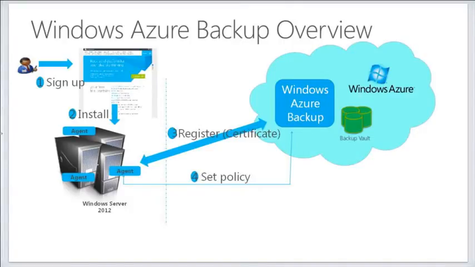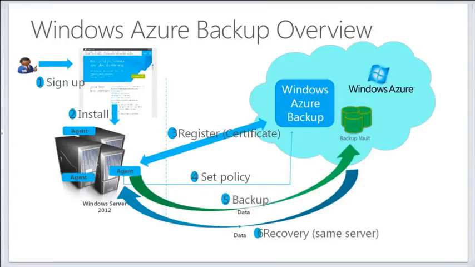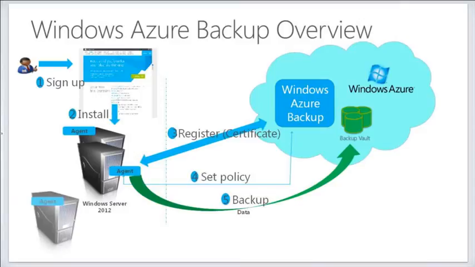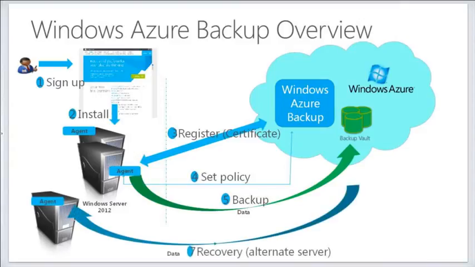So basically, in order to do that, all you need to do is install the agent. Of course, you have to have the certificate on that agent as well, and then you can recover to that alternate server for full redundancy, not only for the data but also for the server itself. So restoring is as simple as dumping an OS on the machine, installing the agent, installing the certificate, and restore.